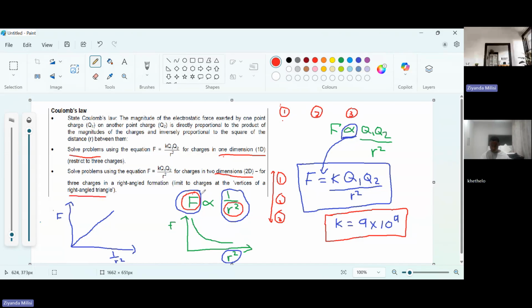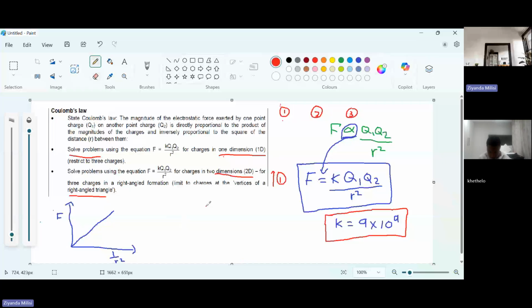It means these 3 charges are put like this: charge 1 there, charge 2, and charge number 3. You can see we have that right-angled triangle.